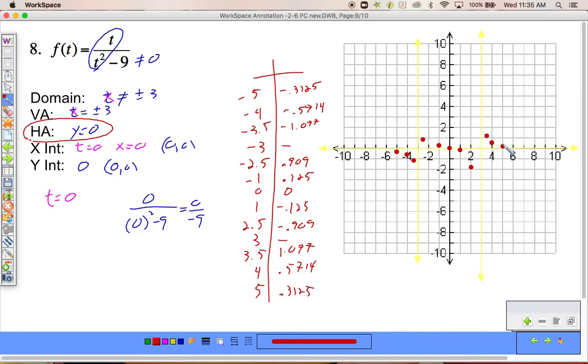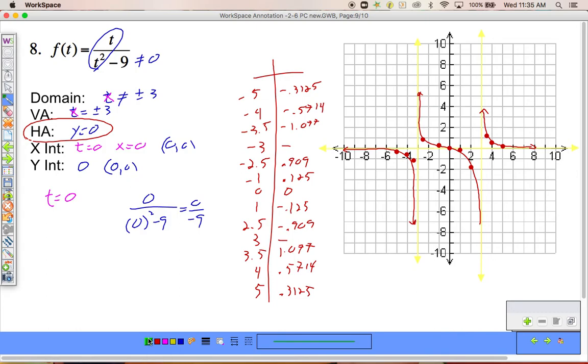All right, I get these. Now, I connect my dots using my asymptotes as a guide. And I get this graph here.